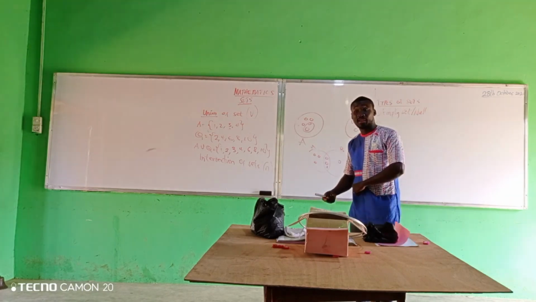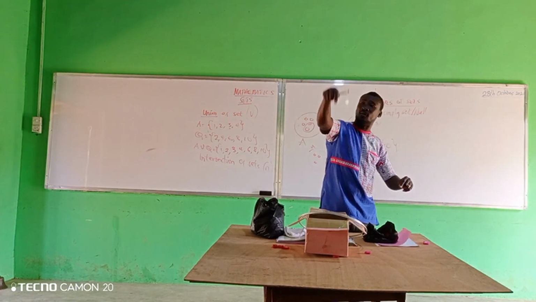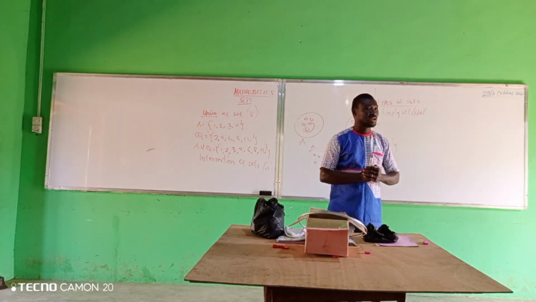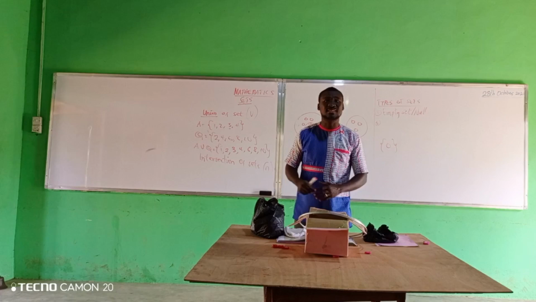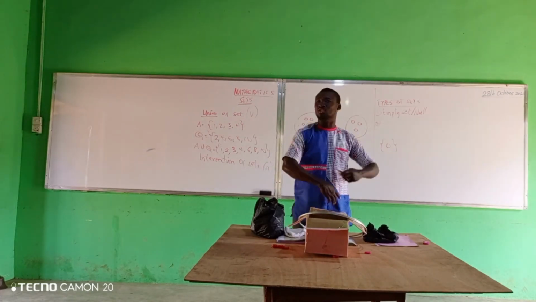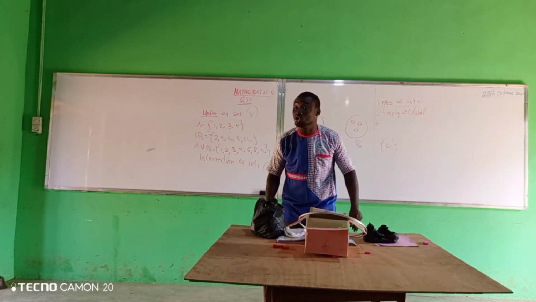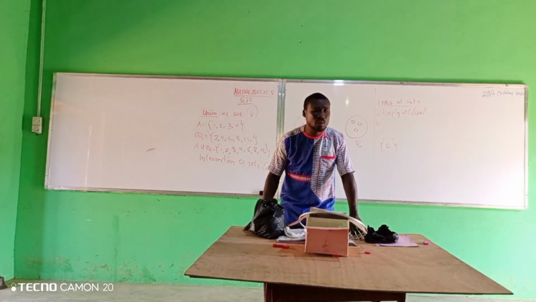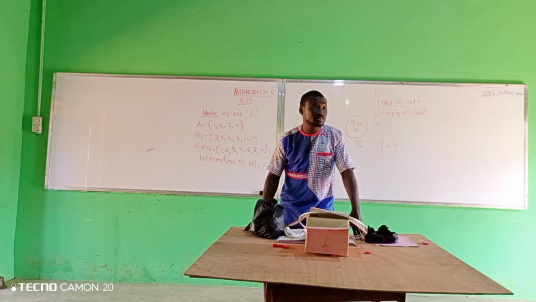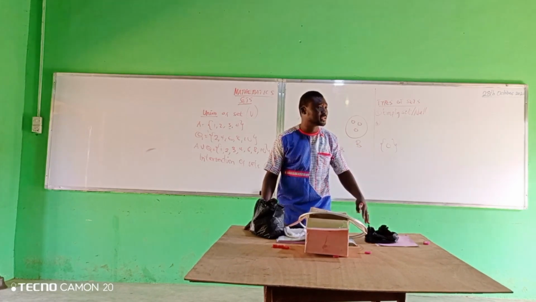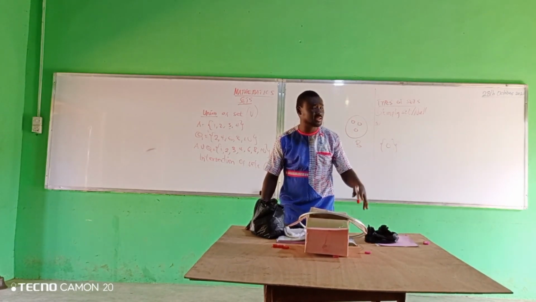If you come to Form 3, you are going to need Form 1, Form 2, and Form 3 things. Likewise mathematics. And when you want to write the BC exam, what are you going to write?